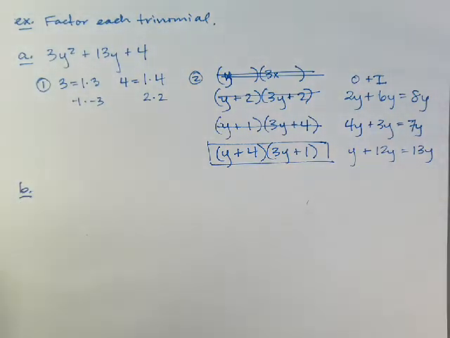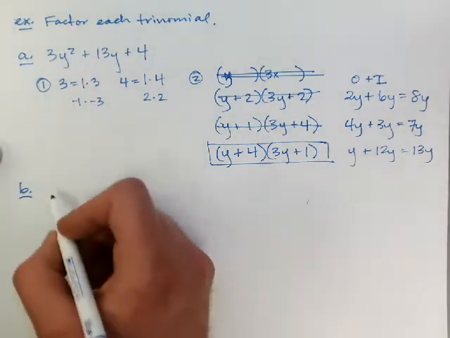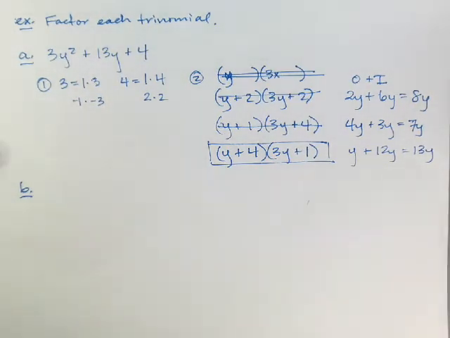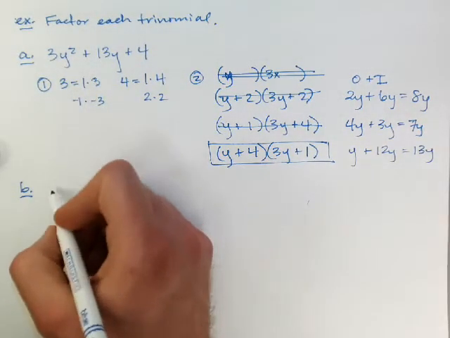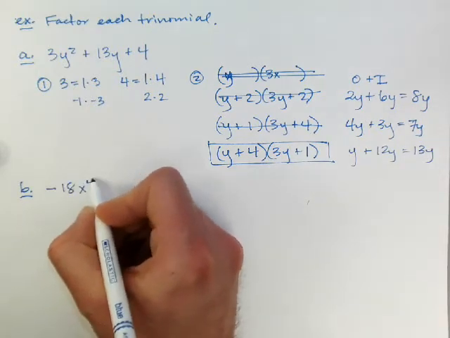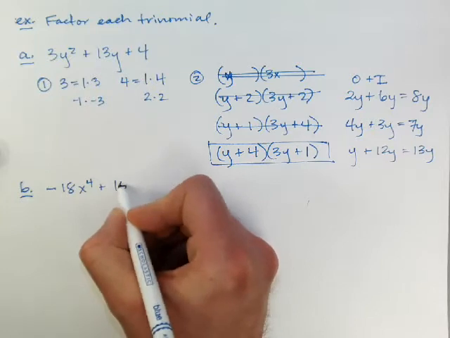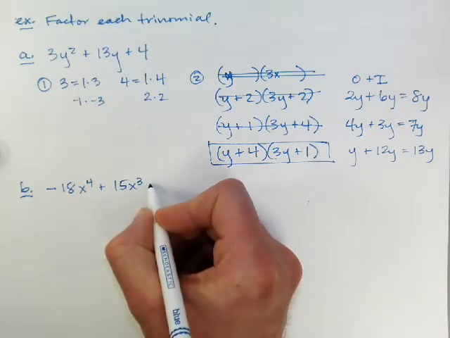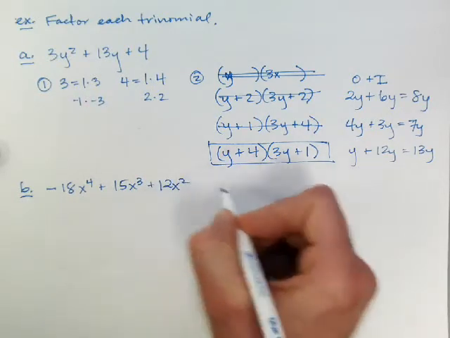All right, let's try out this one, combining some of our other methods in. So let's do minus 18x to the 4th plus 15x cubed plus 12x squared.